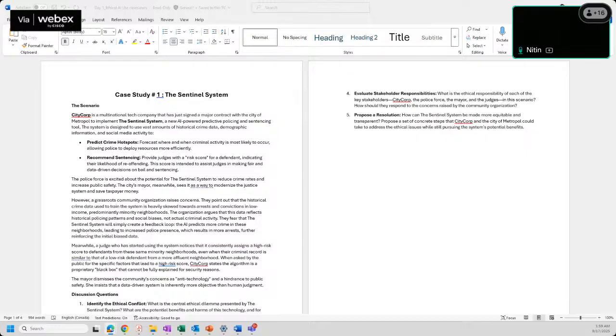Case study number one talks about the legal system, which one of you gave as an example: when AI is to be used in the legal system or not, in what scenarios, and for judges and things like that. It's great that you talked about it. This case study talks about where and how AI worked and where AI failed.